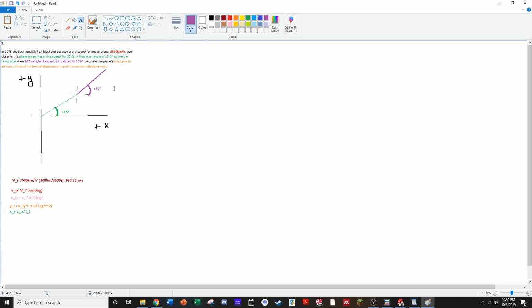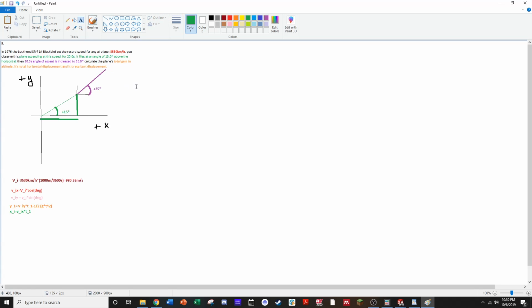So we're going to go ahead and start plugging in, because we need to figure out what this y distance is and what this x distance is for the initial t value.